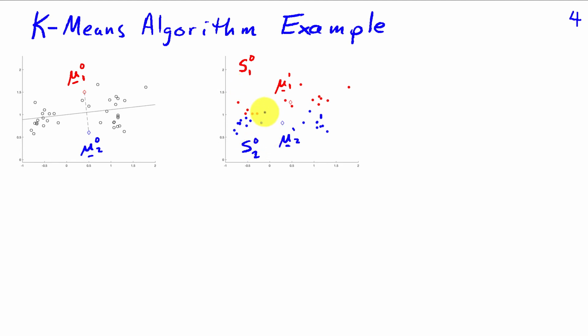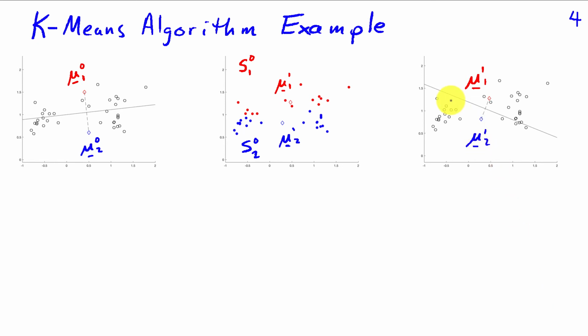Now, having clustered the data initially, we can then find new centroids associated with these clusters. So I've updated mu1 to the center of mass of the red circles, and the second cluster centroid, mu2, has also moved to be the center of mass of the blue circles. Given these new centroids, we can repartition the data into 2 clusters.